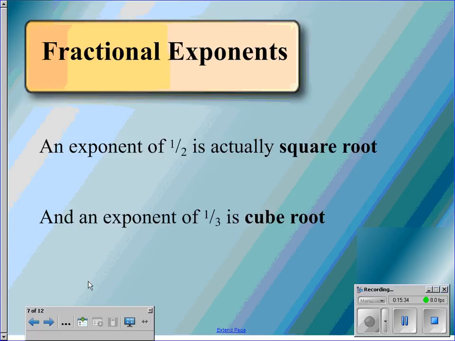Last new thing for today is fractional exponents. An exponent of 1/2 is actually a square root. So x to the 1/2 power equals the square root of x.